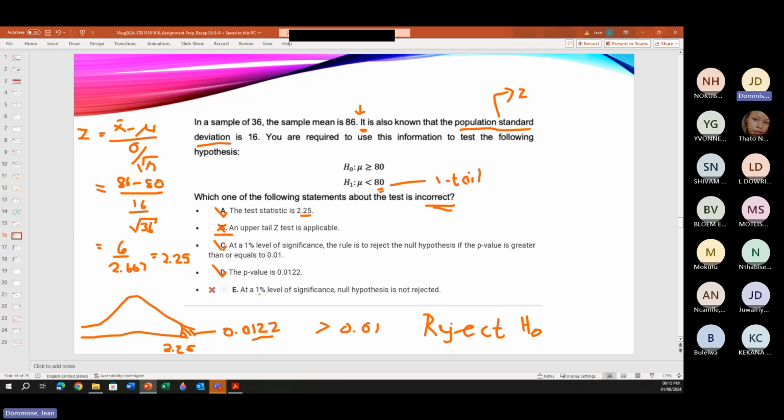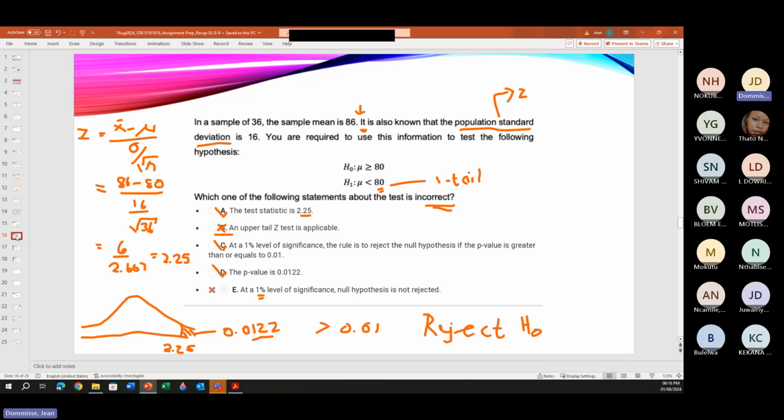So at the 1% level of significance, the null hypothesis is not rejected. Okay, so let's quickly look at one tail, 1%.